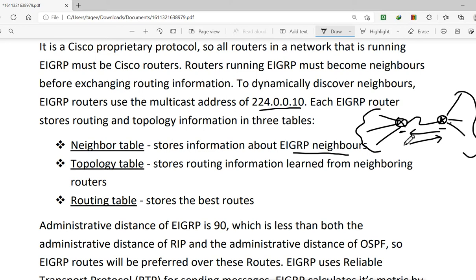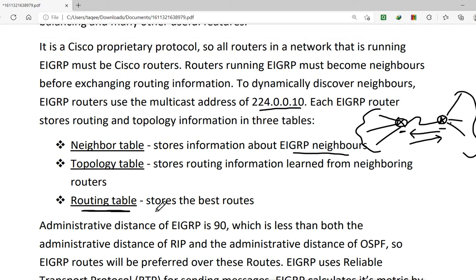In the topology table, it has the information about all the routes, and from all those routes it will choose the best route, and then put that route into the routing table, which stores the best route to reach any destination.